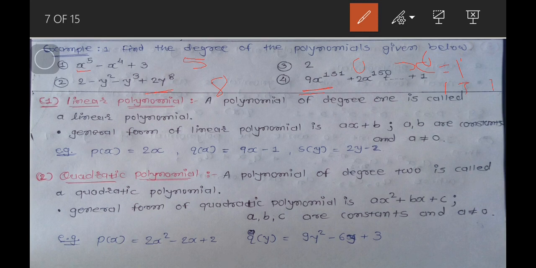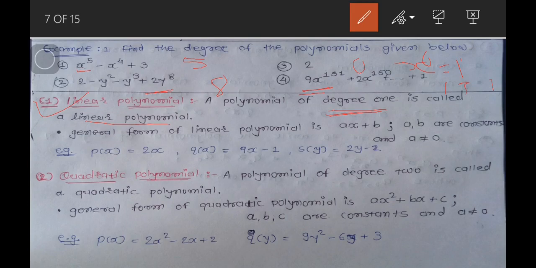Now we will study the types of polynomials according to degree of polynomials. The first one is linear polynomial, a polynomial of degree 1. If a polynomial has only degree 1, then it is called a linear polynomial.